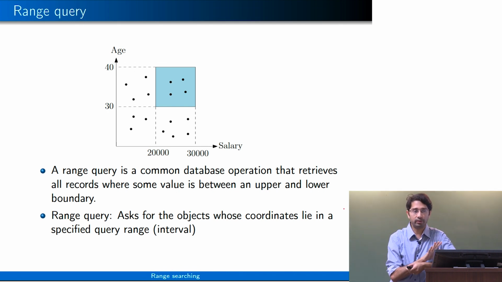If you are familiar with database management systems, this is a very common kind of query. Usually the queries have many more dimensions, but for simplicity let us start our discussion with the assumption that we have queries only on two dimensional data.